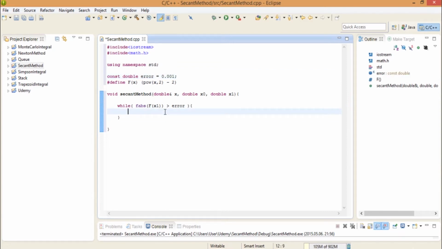We just have to set x equal to x1 minus f(x1) times x1 minus x0 divided by f(x1) minus f(x0).